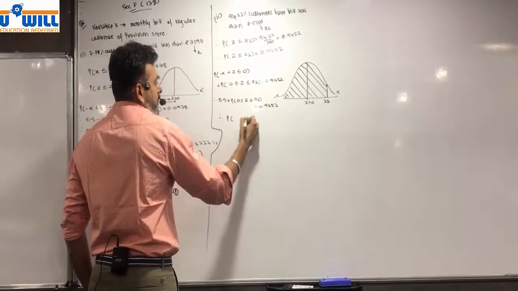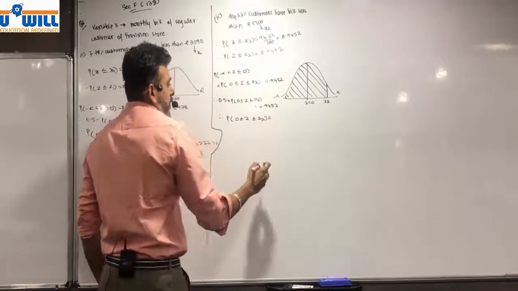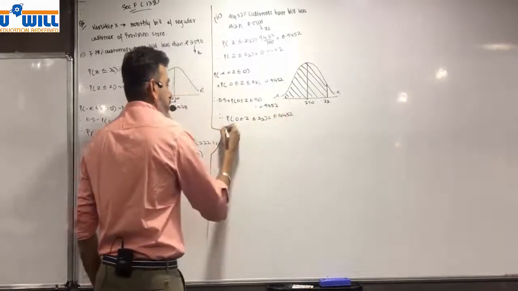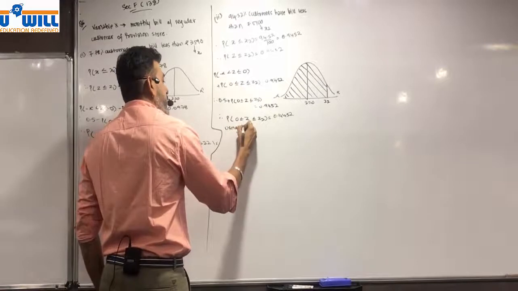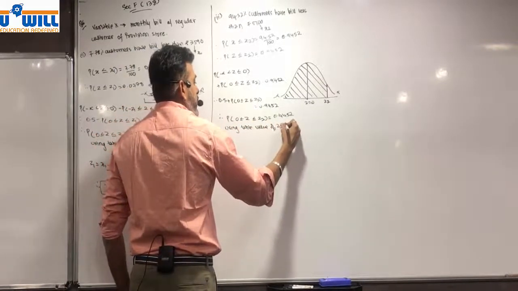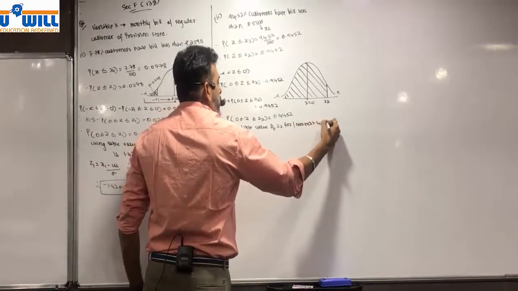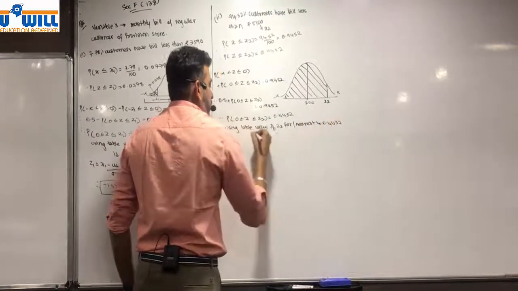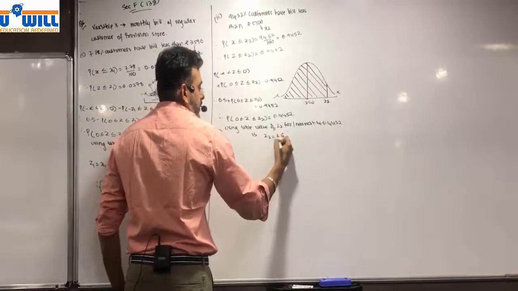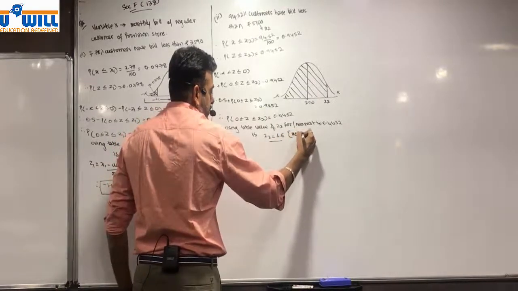Therefore probability of Z greater than or equal to 0, less than or equal to Z2, is equal to 0.4452. Using the table, the value of Z2 for or nearest to 0.4452 is Z2 equal to 1.6 exactly. Positive because it's on the right.